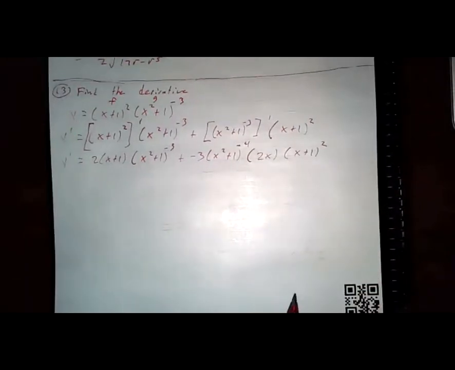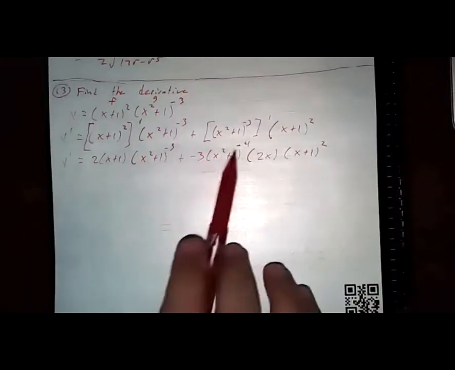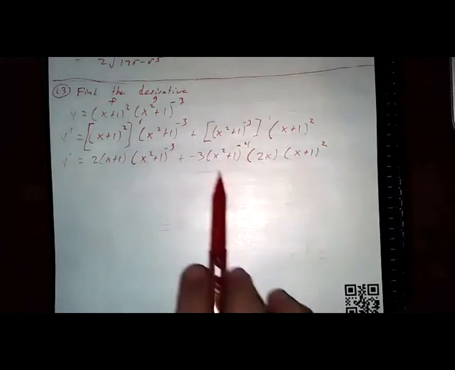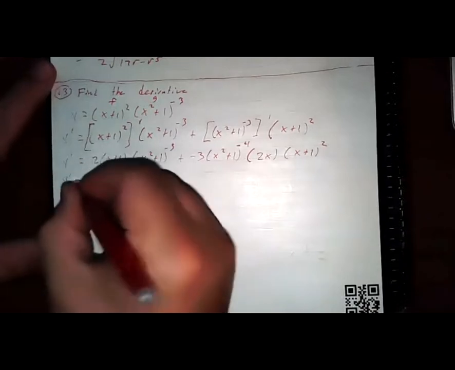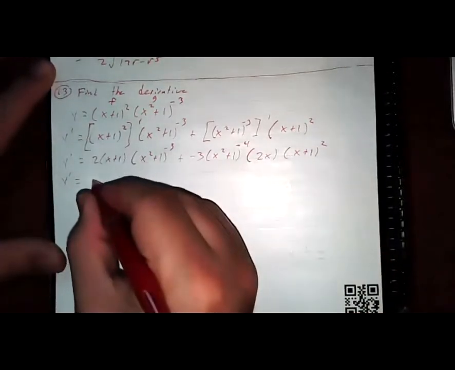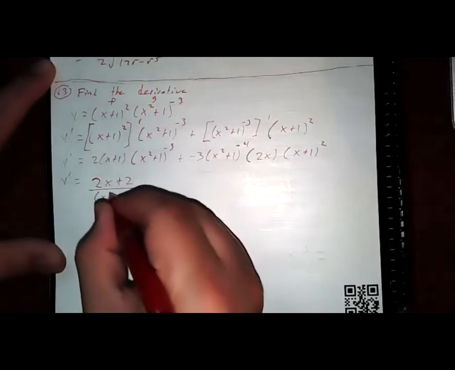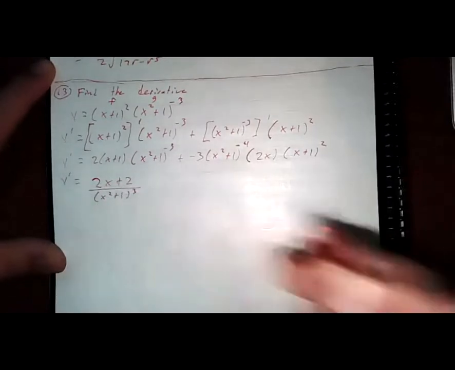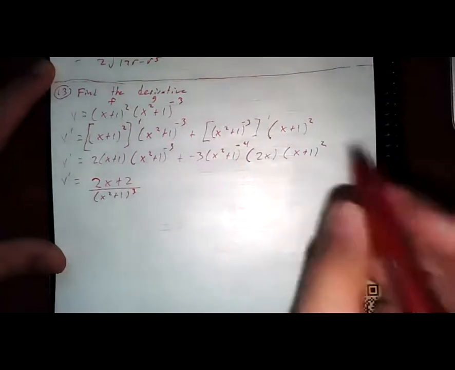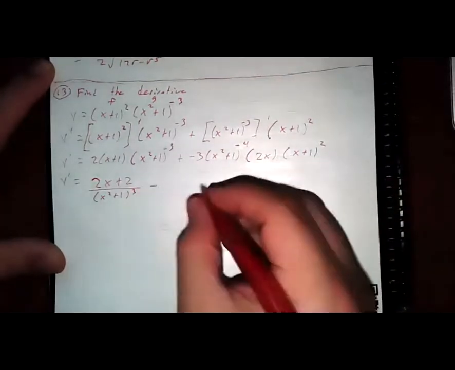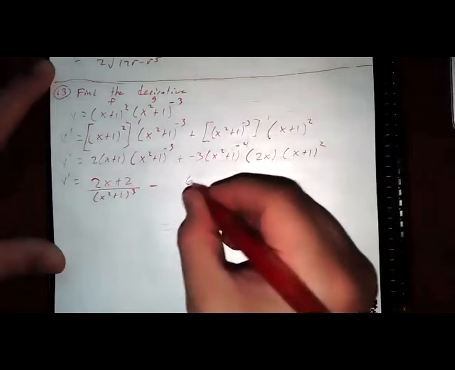Okay. So we got 2 negative powers. So we have to take those to the bottom, right? All right, so this would become, distribute the 2, and it'd be 2x plus 2 over x squared plus 1 cubed. -3 times 2x is a -6x, right?